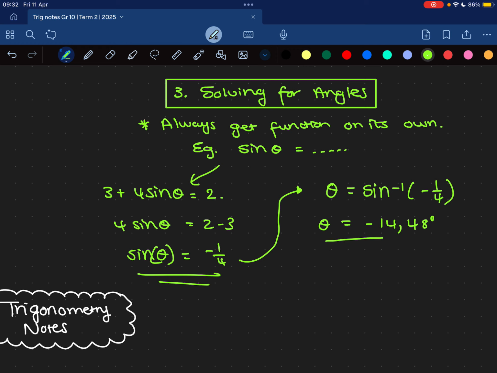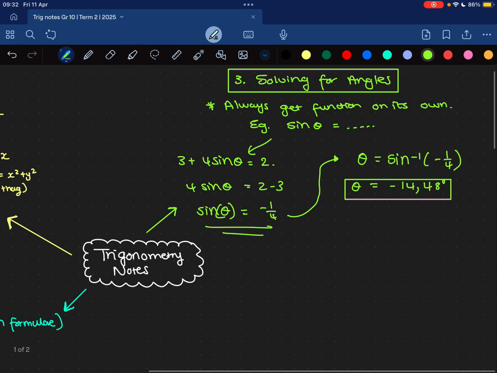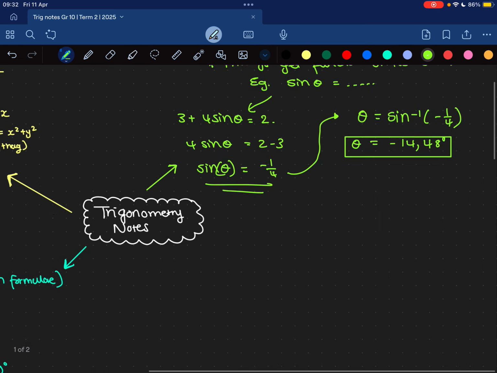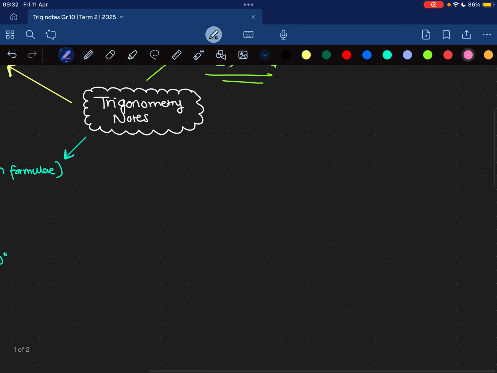Okay, we'll leave it like that for now. I know that a negative angle doesn't really seem intuitive, but for right now, we'll leave it like that, because the goal here is just to solve for theta. Okay, then the last thing we did, which I'm sure you all remember, is the special angles.